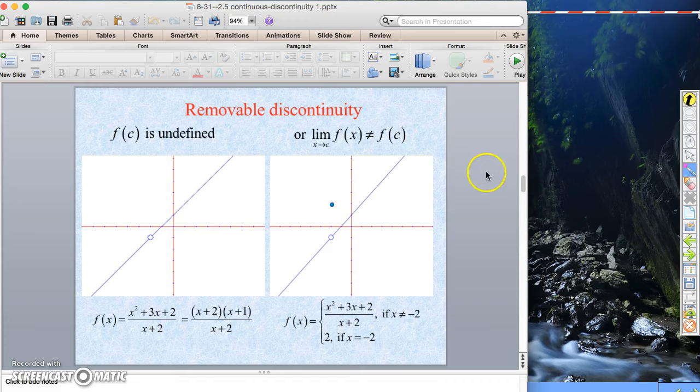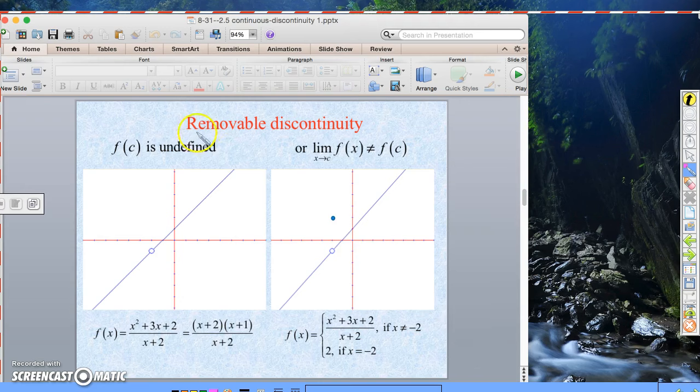Okay? The first case of discontinuity, where it's not continuous, is called a removable discontinuity. What does it look like on the graph? Here's my function. I have a function that is quadratic divided by a function that is not quadratic.